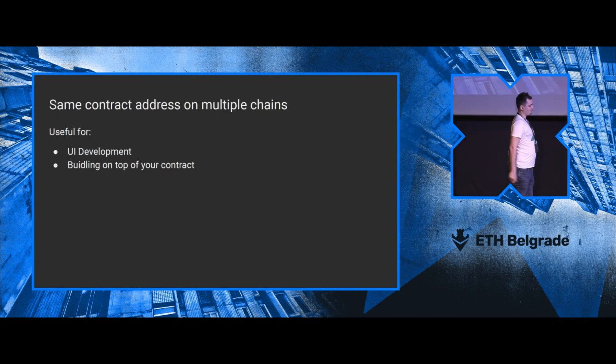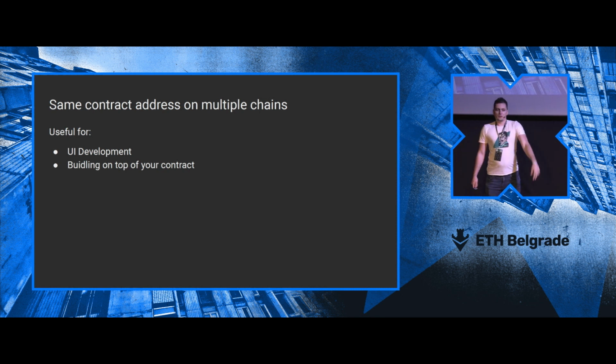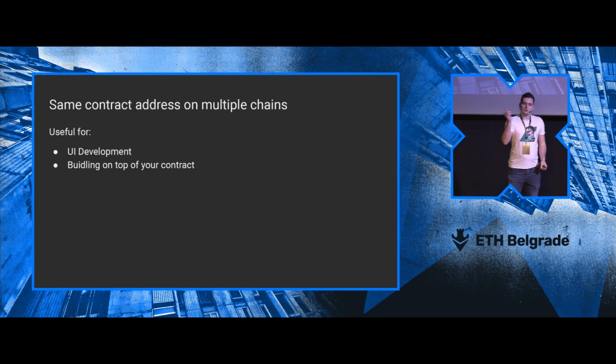Okay, so first of all, the same contract address on multiple chains. It's useful for several reasons. UI development. You will make the life of your front-end team easier if your smart contract address is the same on all of these different chains, because they need to handle multiple things. When you connect with your wallet and you switch from chain to chain, they will need to switch the addresses too.